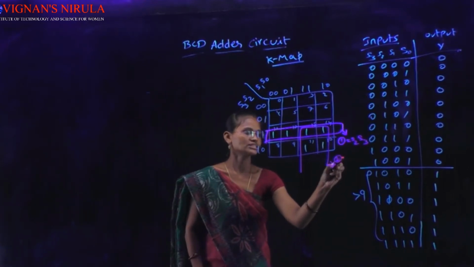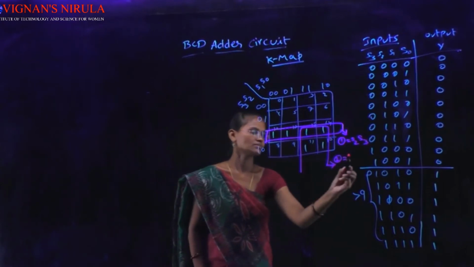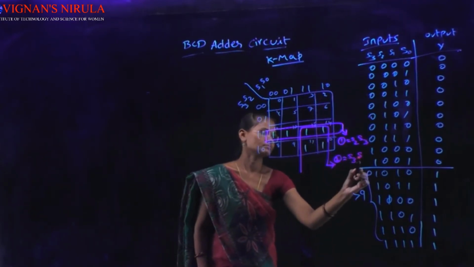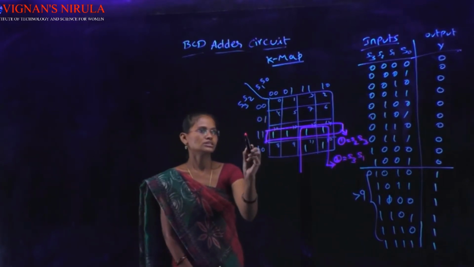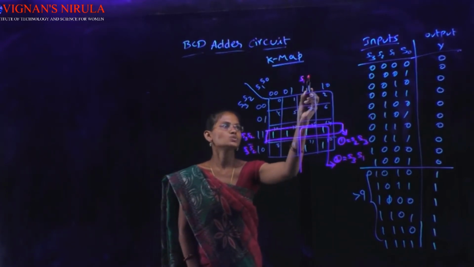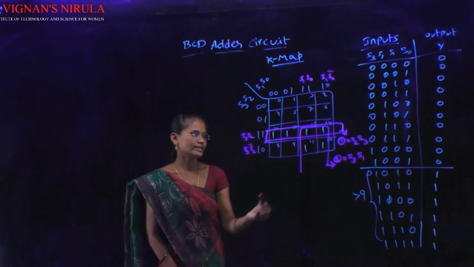This is the second group. The common variables are S3 and S1. Then we write down the expression.